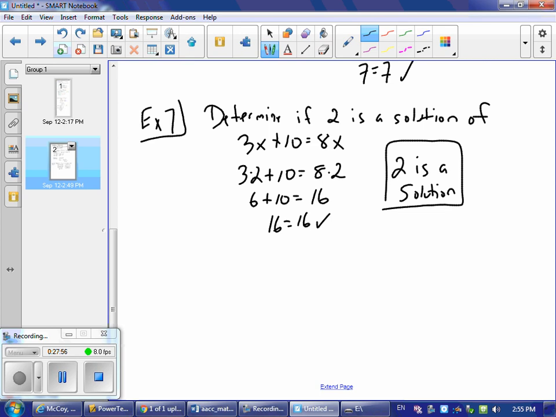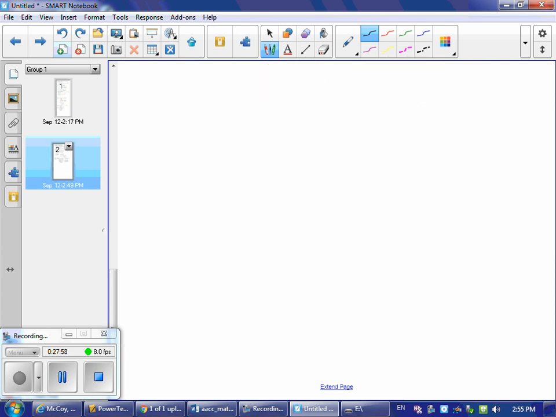Okay, the last thing we need to talk about is writing some verbal expressions, and then simplifying those. So if I have something like the sum of a number and 3, and we want to write this as an algebraic expression.